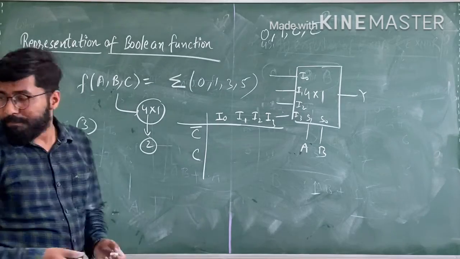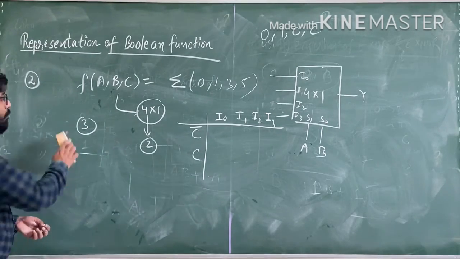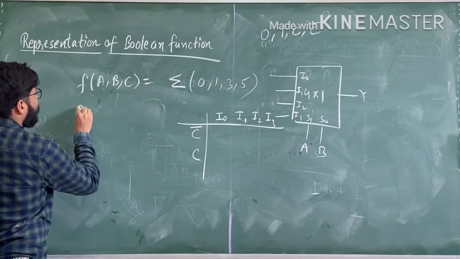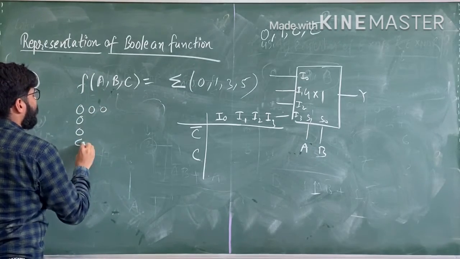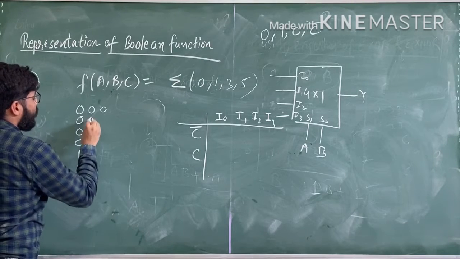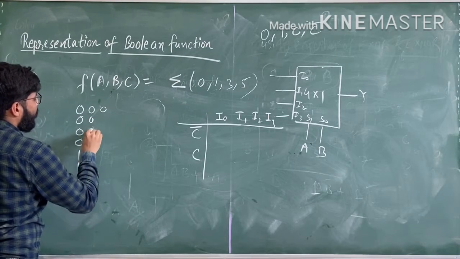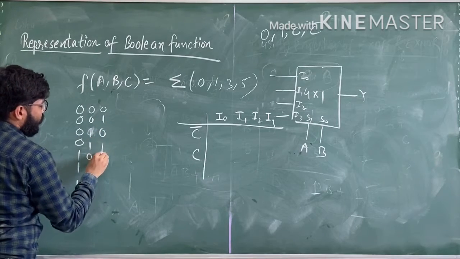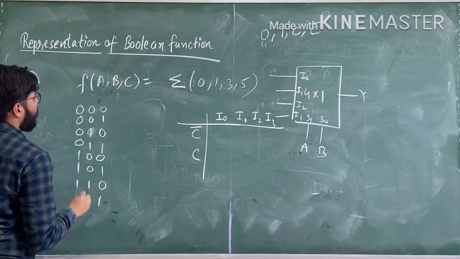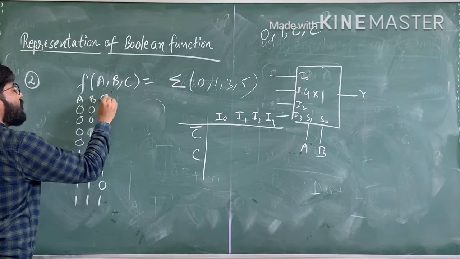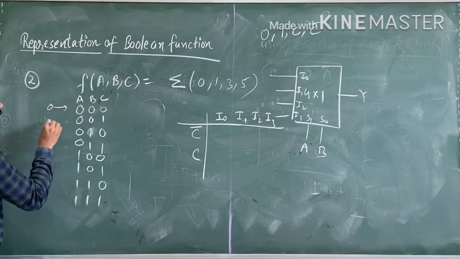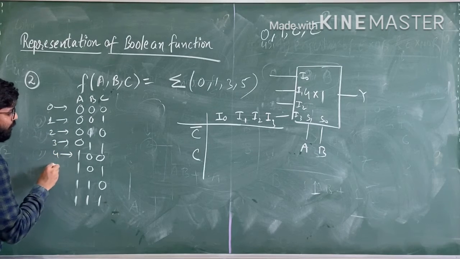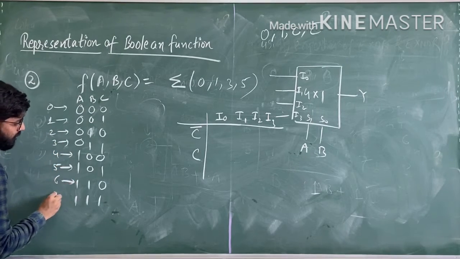Firstly, you have to draw the possible outcomes: 000, 001, 010, 011, 100, 101, 110, 111. This is A, this is B, and this is C. This is 0 position, this is 1 position, this is 2 position, this is 3 position, this is 4 position, this is 5 position, this is 6, and this is 7.